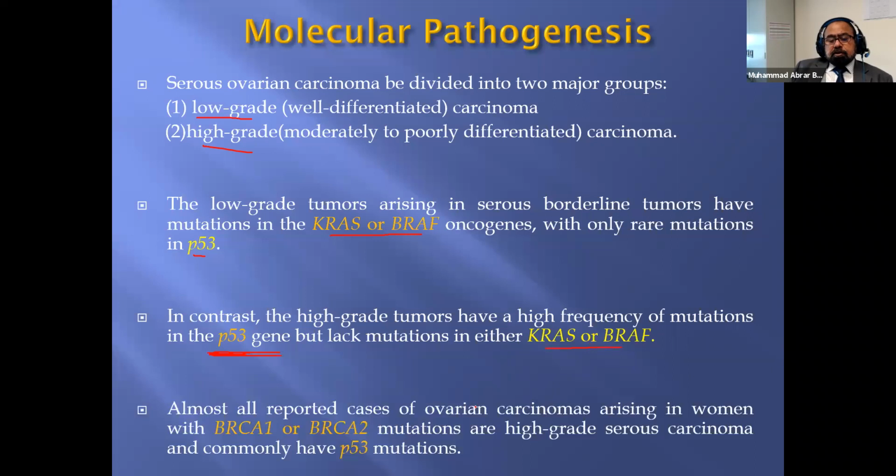Almost all reported cases of ovarian carcinoma arising in a woman with BRCA1 and BRCA2 mutation are high grade serous carcinoma, and they also have P53 mutation. So P53 mutation, BRCA1 and BRCA2 are all involved in high grade tumors.